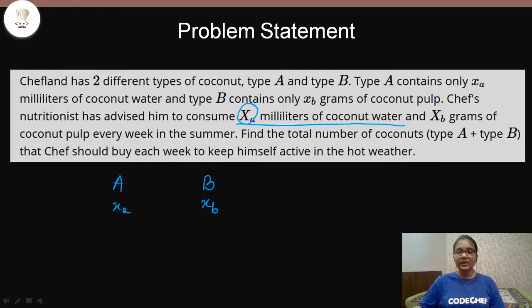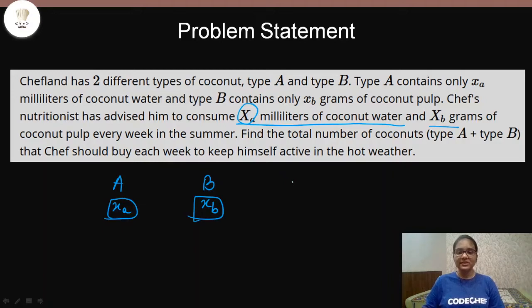Okay. Now every week, right? So here we are given for one coconut each. One coconut of type A has xa milliliters of coconut water and one coconut of type B has xb grams of coconut pulp. So how do we find out how many coconuts the chef will need in order to keep himself active and in order to follow what the nutritionist has told him?